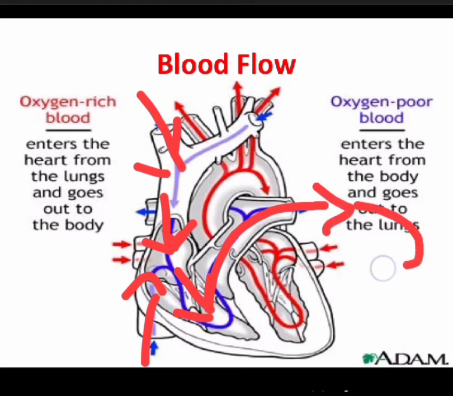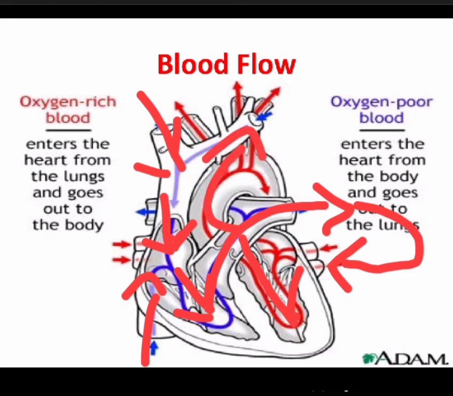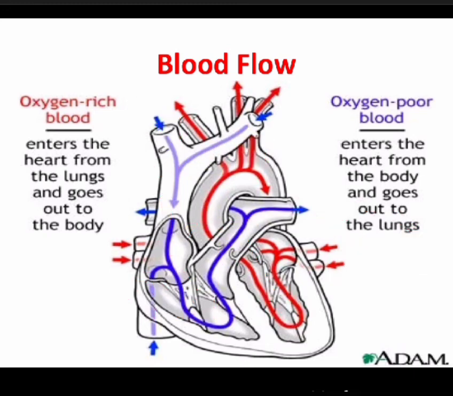From the lungs, they enter through the pulmonary veins into the left ventricle. Then from the left ventricle, they move into the left atrium. Then from the left atrium, they pass through the aorta to various parts of the body.